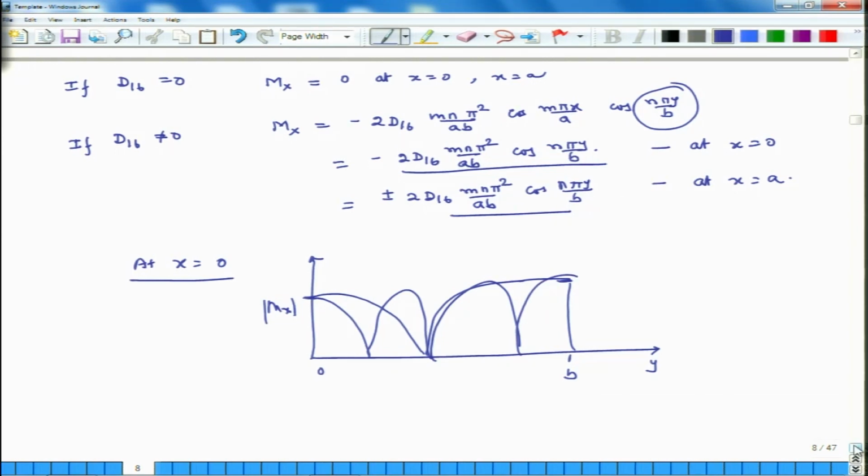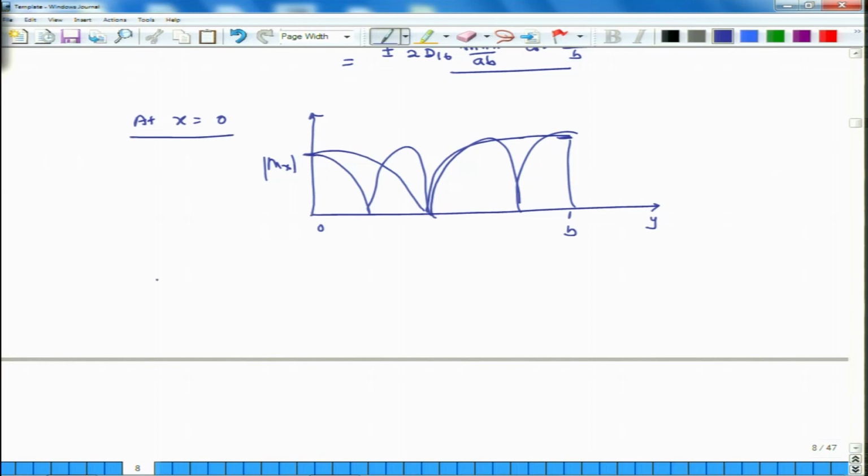Okay. So what we see is that mx is not equal to 0 at x is equal to a and at x is equal to 0. Similarly, we can show that my is not equal to 0 at y is equal to 0 and y is equal to b.